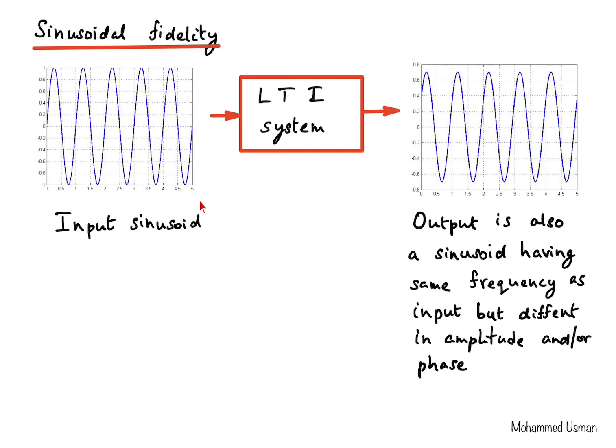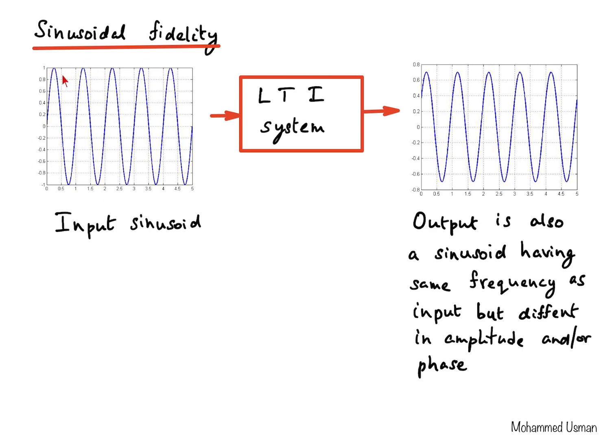If we give an input signal which is a sinusoidal waveform to an LTI system, the output is also a sinusoidal waveform, but the only change noticed here is that the amplitude is not the same as the input signal. The amplitude of the output is somewhere around, say, 0.7 here, but in the input signal it's 1.